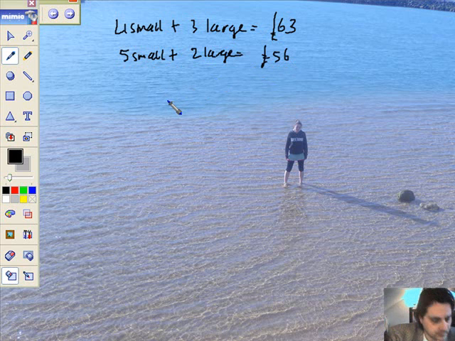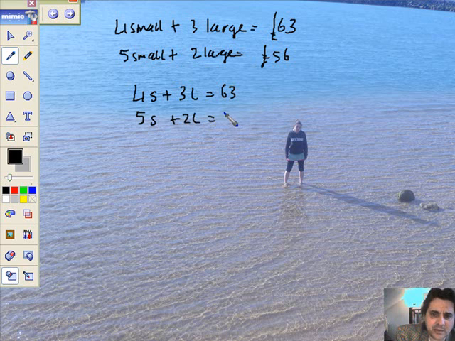Right. 4 small, here goes the cost. 4 smalls, let's call it 4 S's plus 3 L's comes to 63, and 5 S's and 2 L's comes to 56. Now look, there's nothing the same there, so I think I'll upgrade the L's into 6's. If I multiply this one by 2, multiply this one by 3, it should be good.